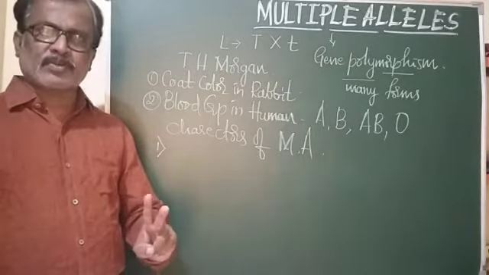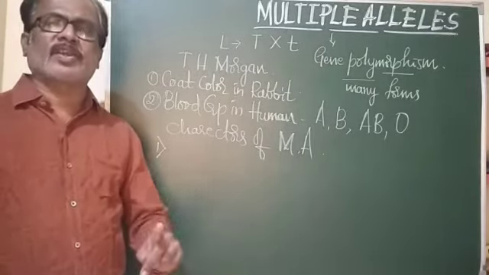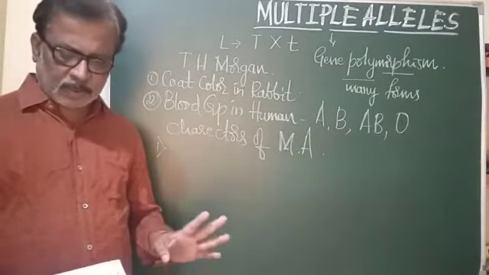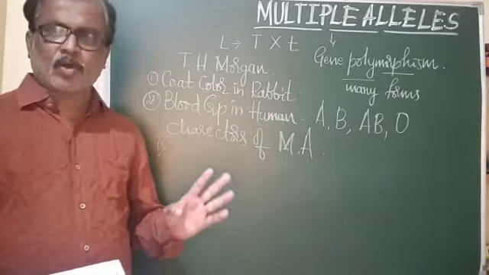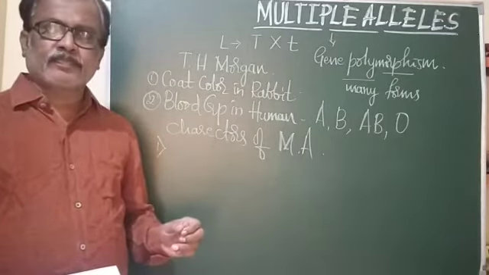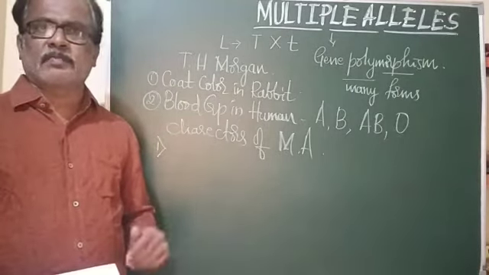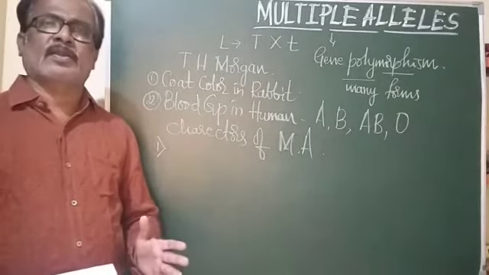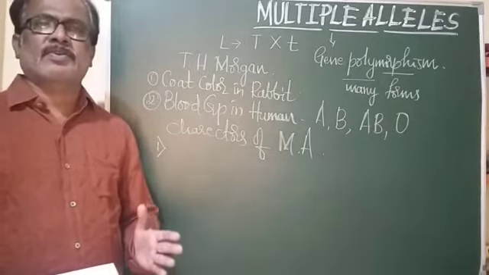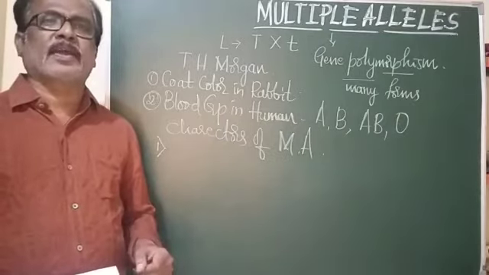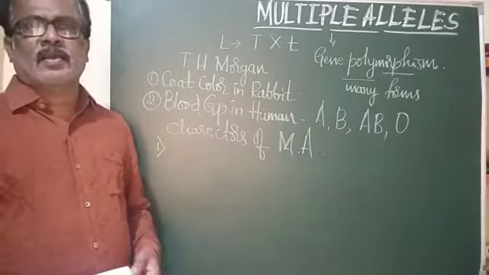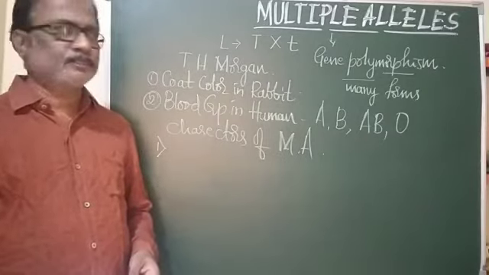But in a gamete, only one gene of multiple series is present. Multiple alleles are related as dominant and recessive. There is no crossing over in multiple alleles. Multiple alleles control one character but are characterized by different manifestations. So these are the characters of multiple alleles.